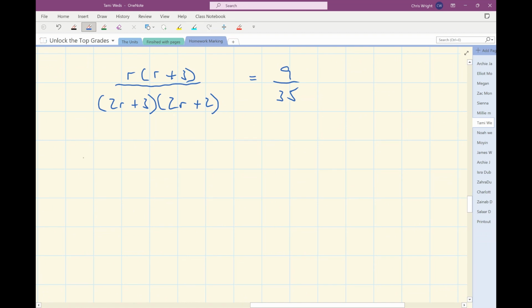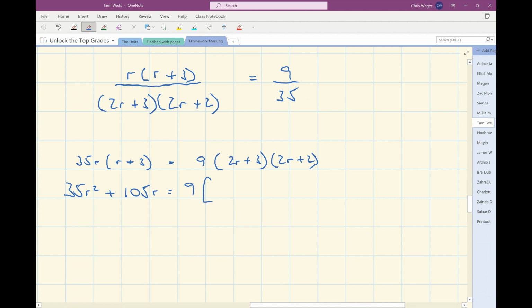So I'm going to have 35R, lots of R plus 3, equals 9 times 2R plus 3, 2R plus 2. Let's simplify this, shall we? 35R squared plus 35 times 3 is 105R equals 9 lots of 4R squared plus 4R plus 6R plus 6.